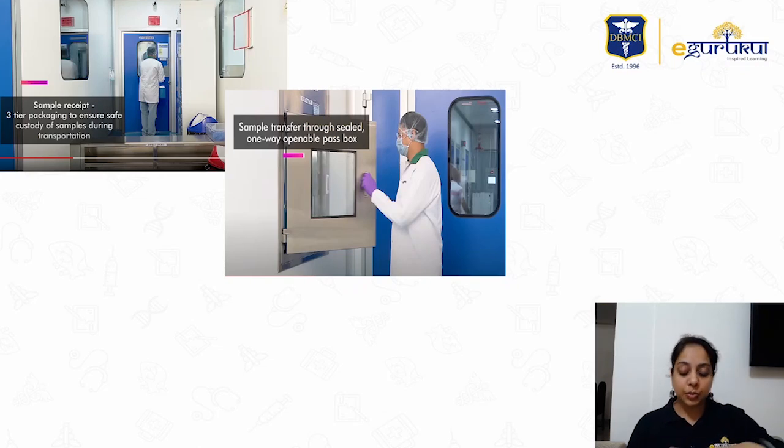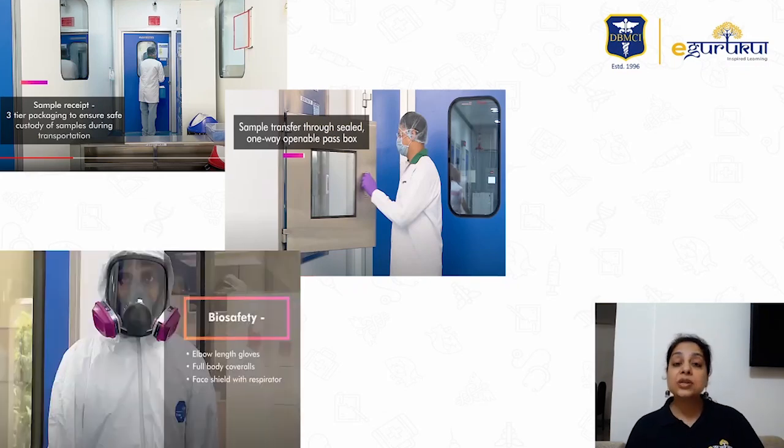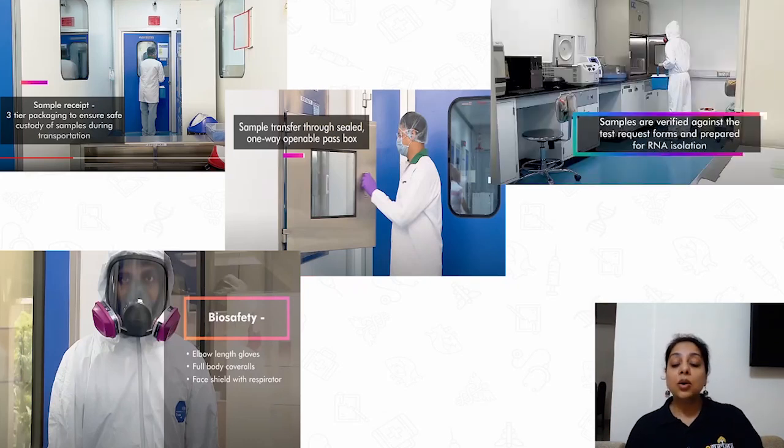The person inside the lab is geared up with elbow-length gloves, full body overalls, and a face shield with respirators. Now he is going to open the one-way pass box and collect the sample. The sample is matched with the person's identity so that the results are delivered to the right person.